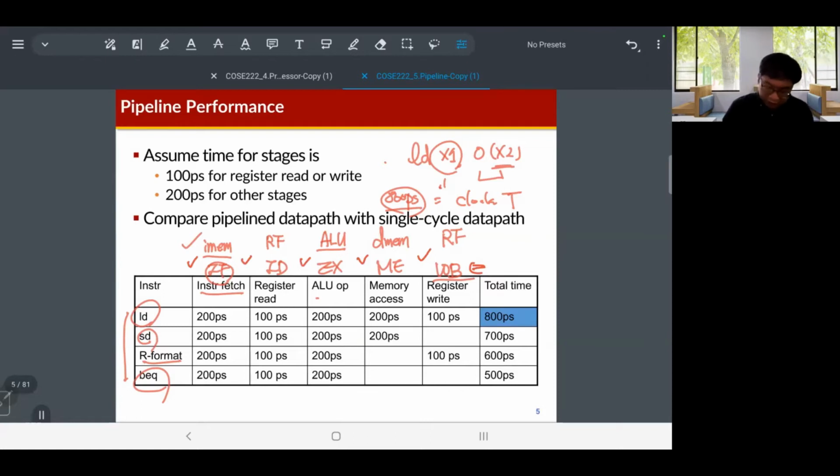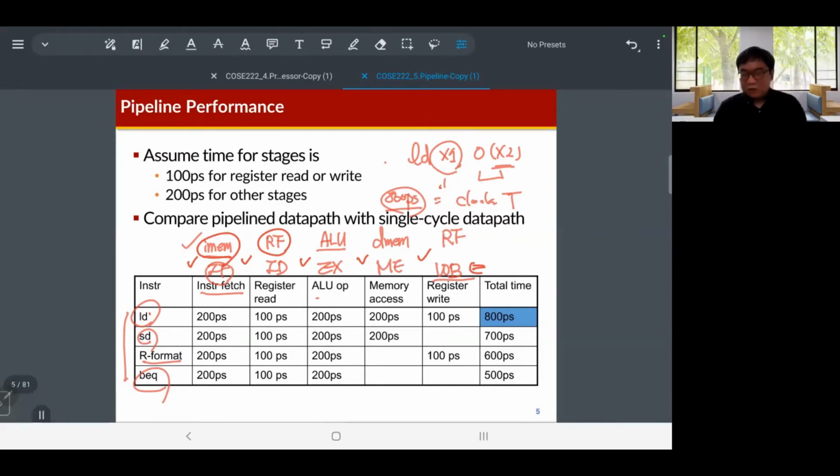So firstly, let us assume that the load instruction is in the instruction fetch stage. So the load instruction takes 200 picosecond in instruction memory. And then the instruction is read from the instruction memory, then this load instruction will use the register file, which means that when the load instruction is using the register file, instruction memory is not used.